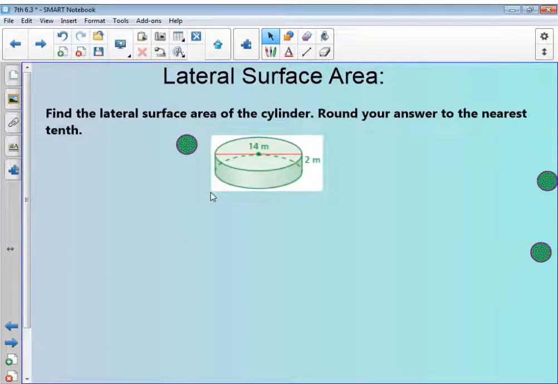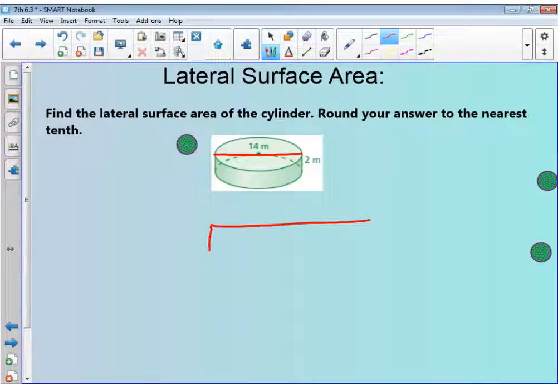Okay, so the lateral surface area on this one, this time they're giving us the diameter. So make sure you're paying attention to what they give you for your dimensions on that circle. So we've got our rectangle, which is our lateral surface area, and the height is 2 meters.